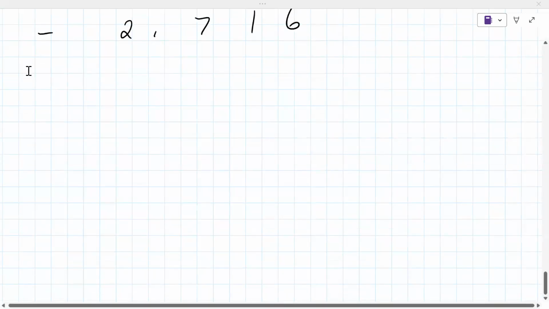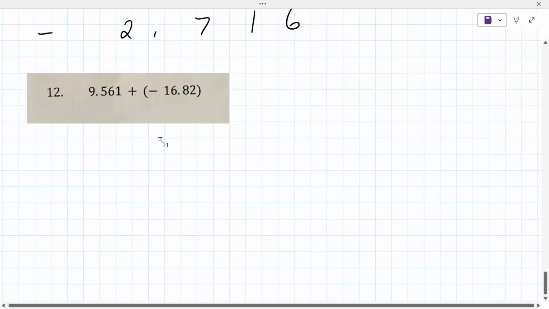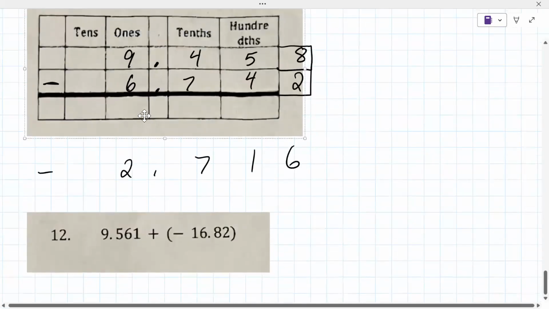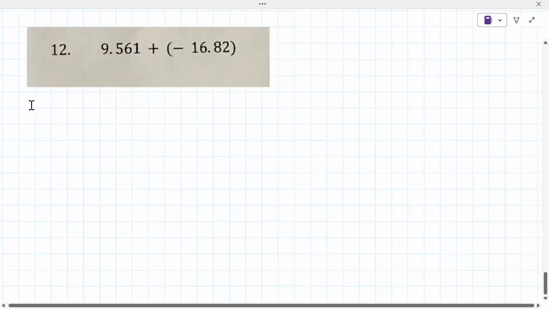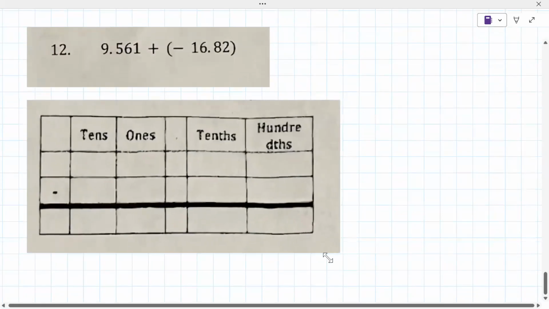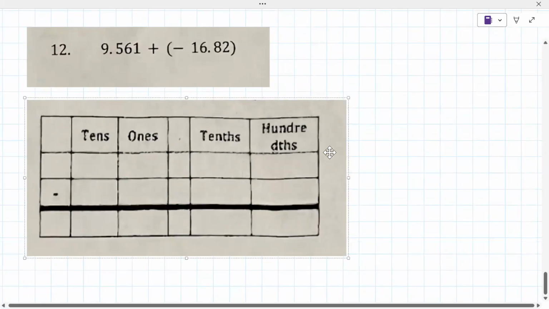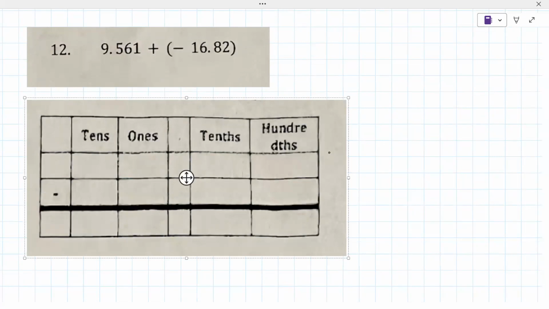The next one here: are these opposite or are they the same sign? They're the same sign. Oh, they're not the same sign.